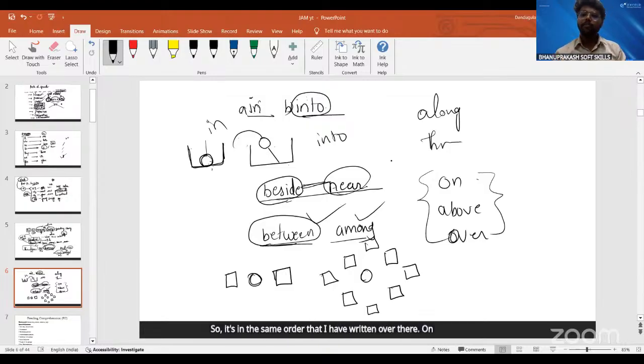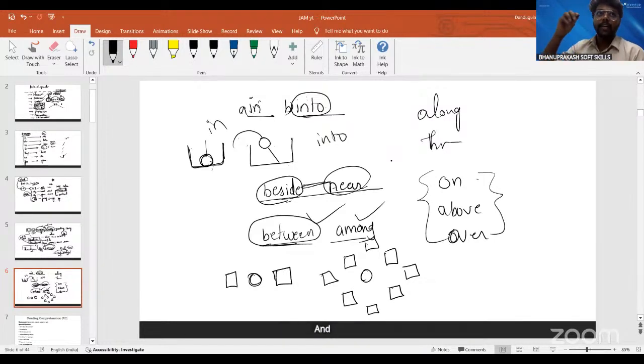On means while interacting with some object, if some object is placed, for example, here is the pen. I can say the pen is on the hand, or the pen is on the table. If the object is placed above it without being based on it, then we call it above.